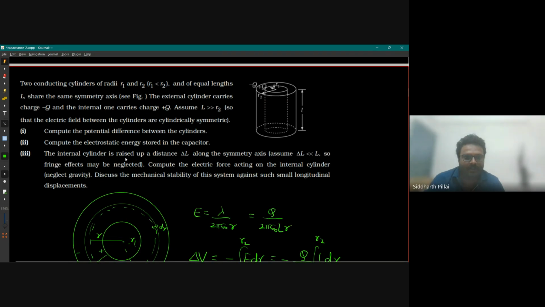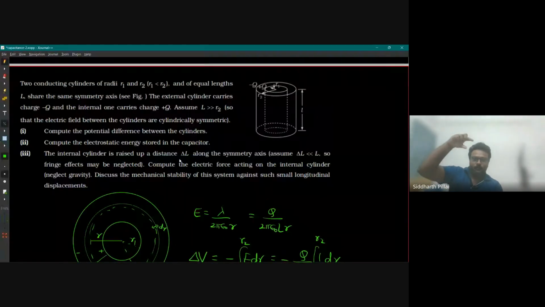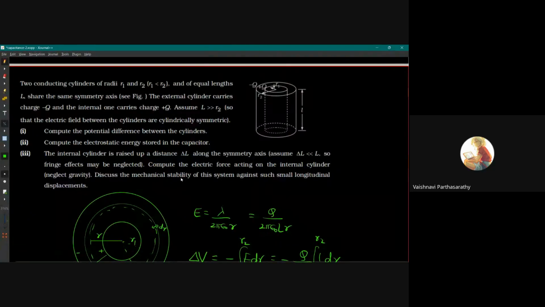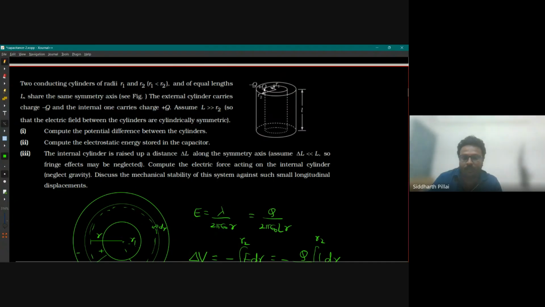So this internal cylinder is raised by some small distance, right? So when you raise it up, what changes in that capacitor? The common length between the cylinders will change, right? Everything else, R1, R2, Q and minus Q, remains the same. The only thing that changes is the common length between them.